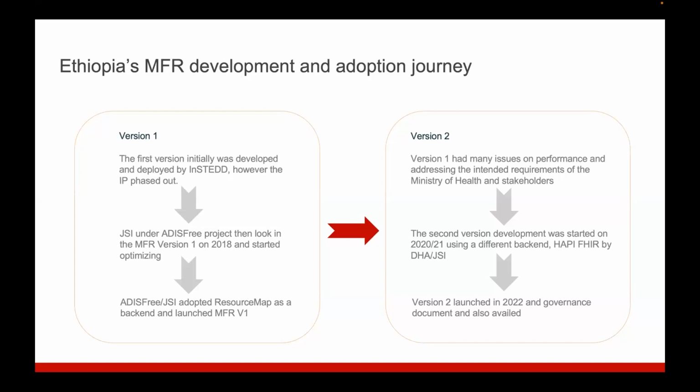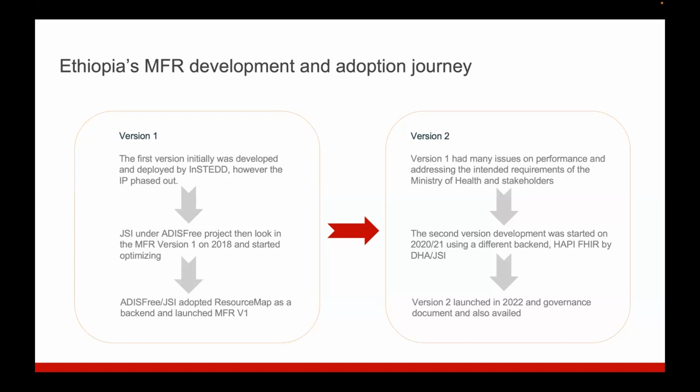Back then the version 1 backend was based on a resource map. A lot of issues were reported in using the resource map, such as a lack of performance and an issue in capturing the actual requirements, in addressing the intended requirements of the Ministry of Health and of course stakeholders.